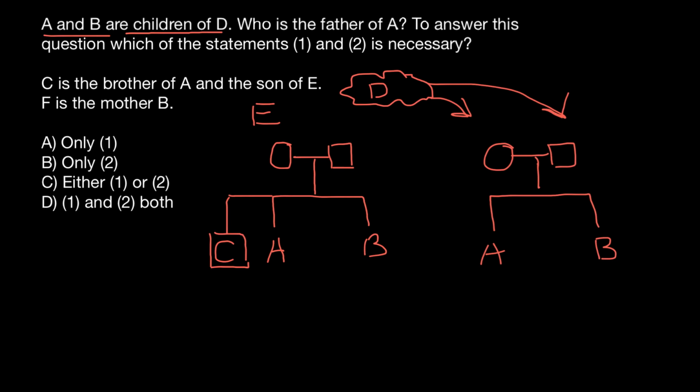So let's now read the second statement. F is the mother of B. Now we know that F is the mother of B. That gives us information that their father has to be D. So we have answered the question that the father of A is D.